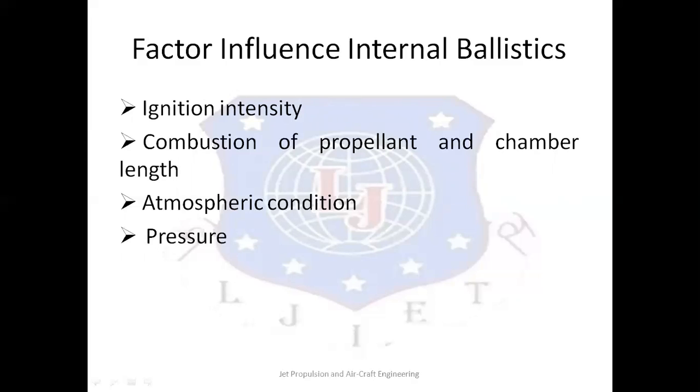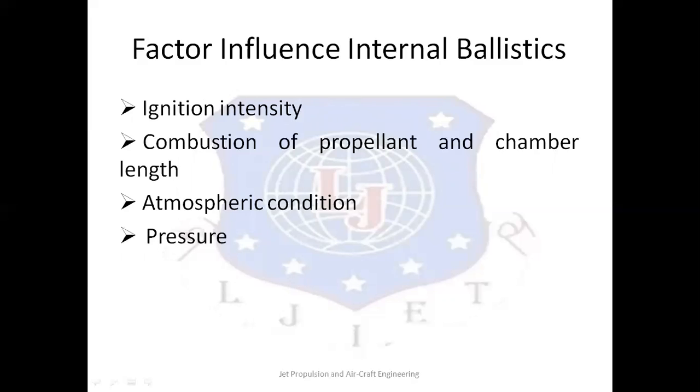Now generally, when the length of the combustion chamber is small, the rocket requires a quick burning powder which is converted into gases before the gases are pushed out of the nozzle. If a slow burning powder or propellant is used in a smaller length engine, it will impart less velocity to the projectile.